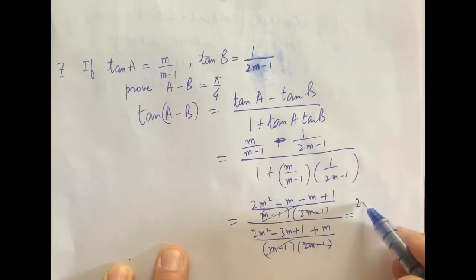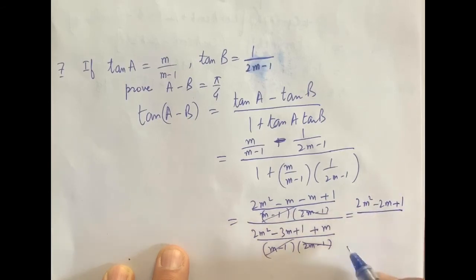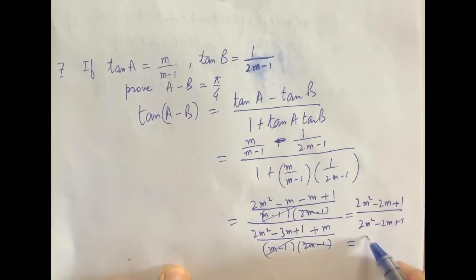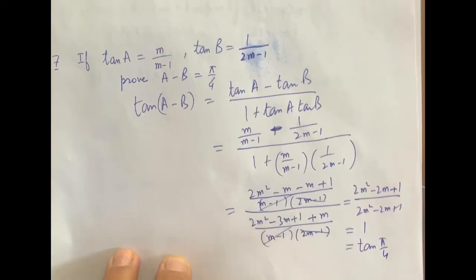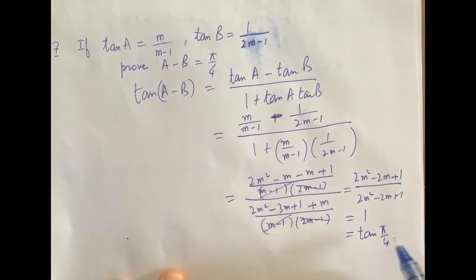This is 2m square minus 2m plus 1, and this is 2m square minus 2m plus 1. So this is 1, which is tan of pi by 4. So tan of A minus B is equal to tan pi by 4. This means A minus B is equal to pi by 4. This is what we wanted to prove.